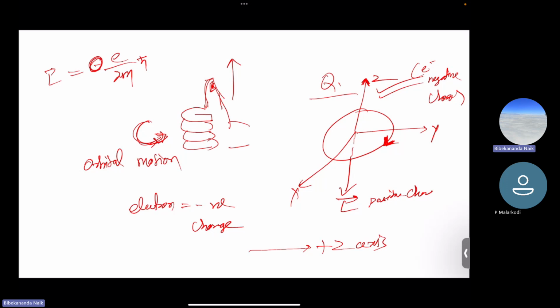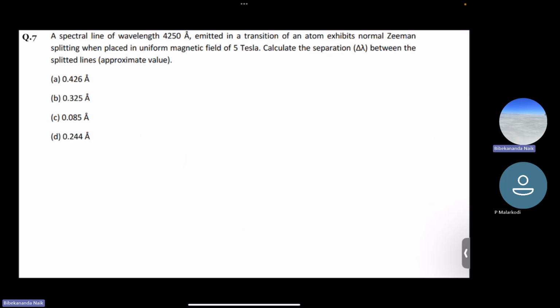Due to this negative sign, its direction becomes opposite. So according to the right hand thumb rule, it will follow the opposite direction. So if this is the direction of motion, then the direction of L vector will be opposite to the actual direction, that is plus z axis. Now we will move to question number 7.